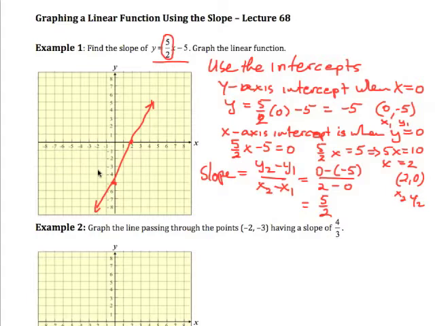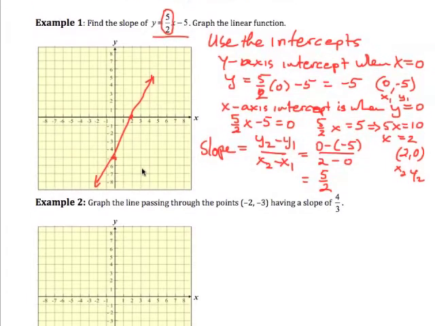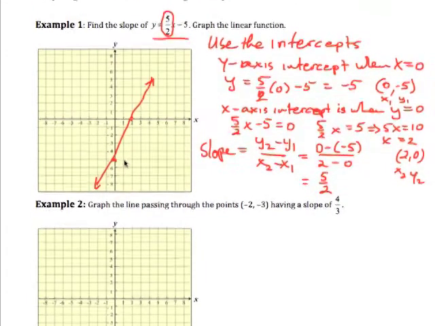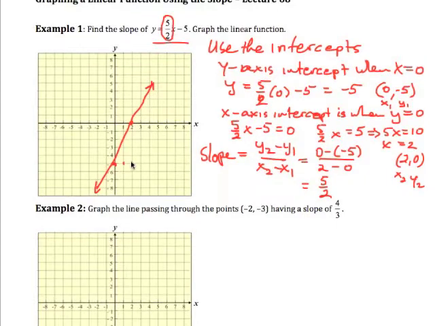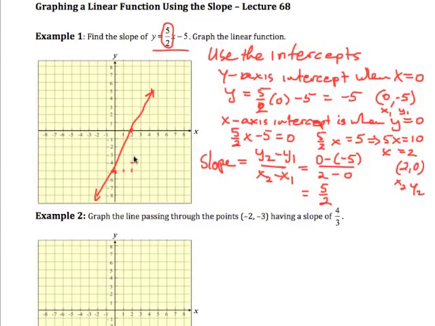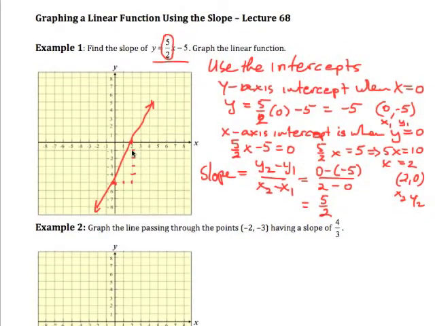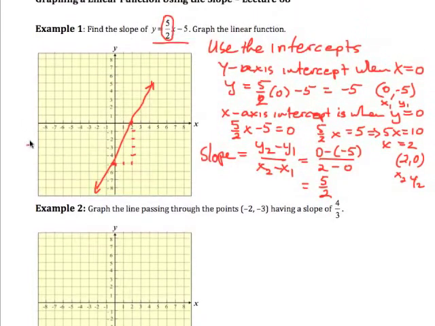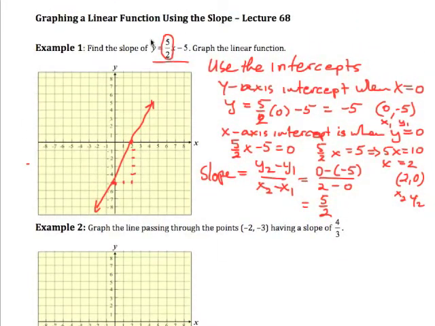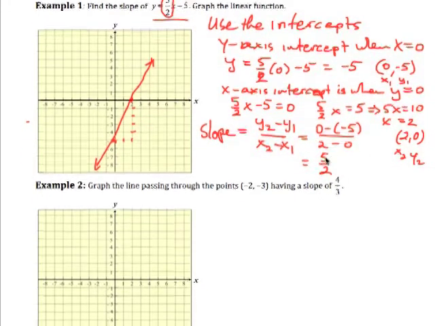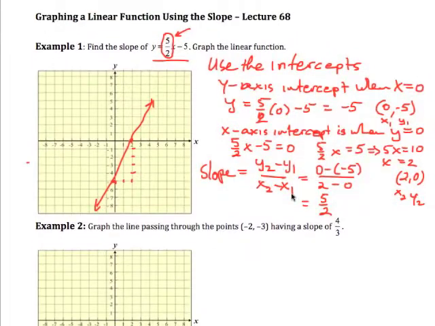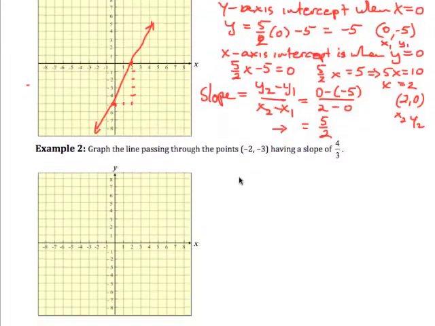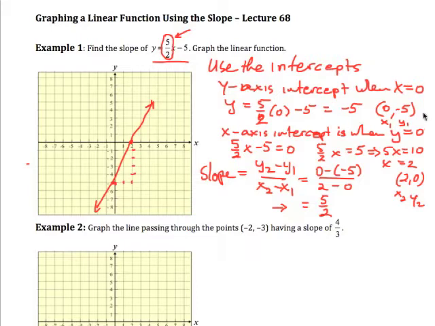over 2. Alright, so what this is saying is that for every time we go across 2, 1, 2, we go up 5. 1, 2, 3, 4, 5, and there it is. And so really what we can do to draw this graph is we can look at what the slope is, determine the y-intercept, work out the slope, and we only really need 1 point.